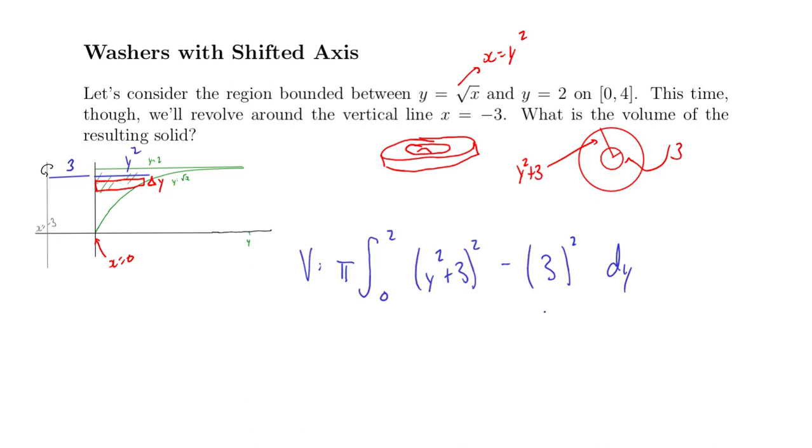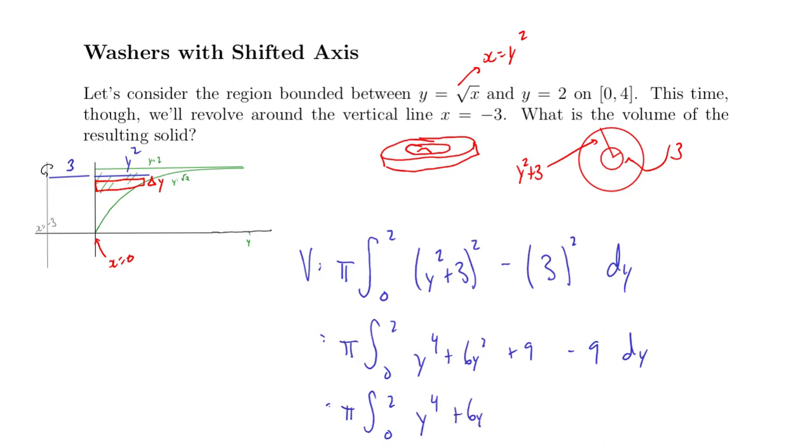This looks like the plus 3 isn't really going to do anything until we actually think for a second and notice that when we multiply this, we end up with y to the 4 plus 6y squared plus 9 minus 9 dy. And so we have pi times the integral from 0 to 2 of y to the 4 plus 6y squared dy. I'll let you finish this out and get our volume. So that's one way of doing things.